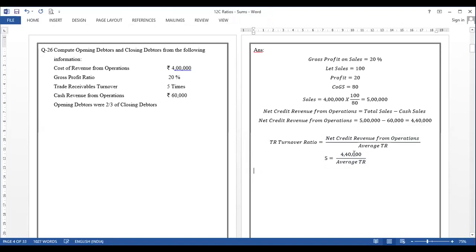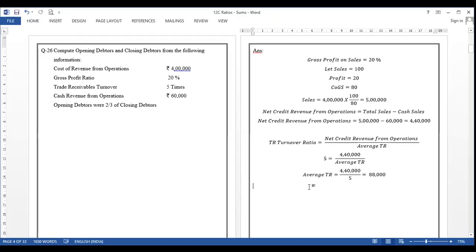So average trade receivables will be equal to 4,40,000 divided by 5, which is 88,000.